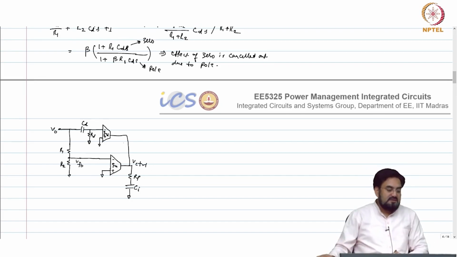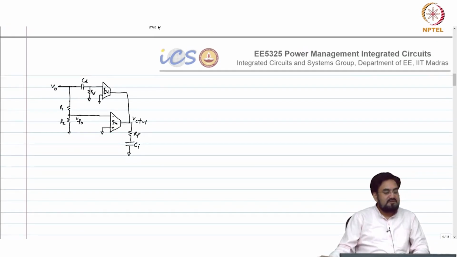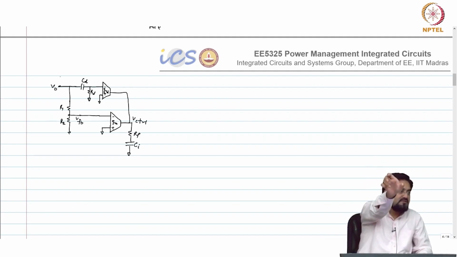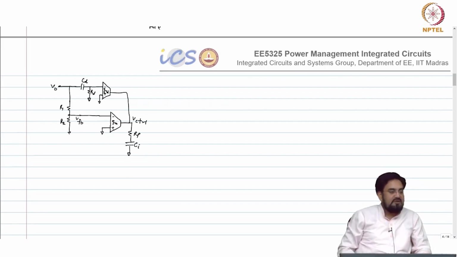This RDCD is a high pass filter, so it will have a 0 at origin and pole at 1 over RDCD.